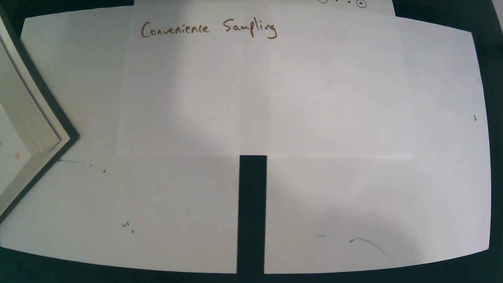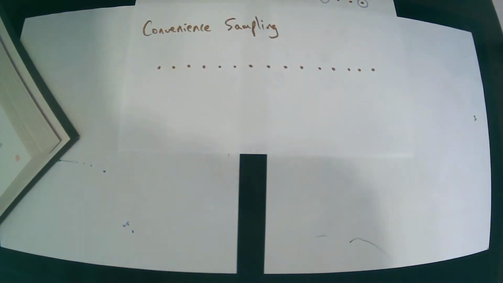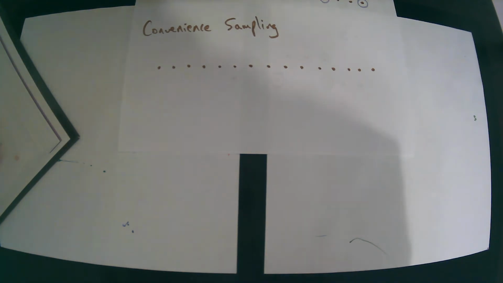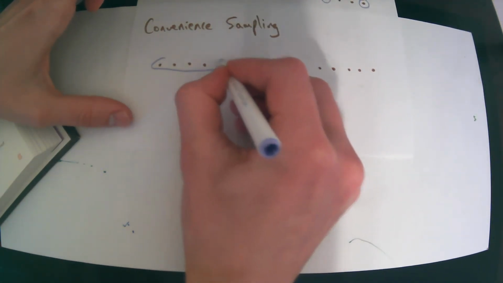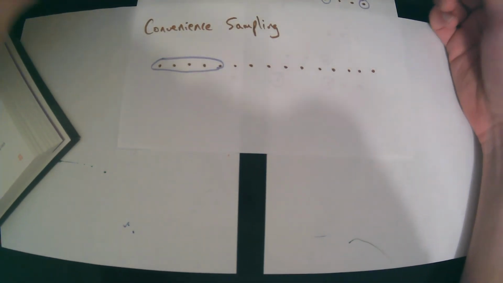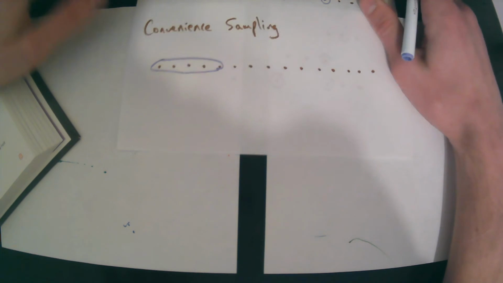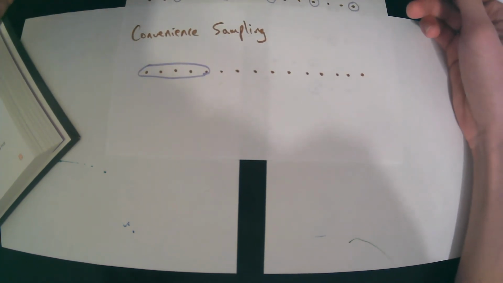I'm going to have a hard time drawing this with my example. Maybe I'll say if I just had 15 dots here and I wanted to select 5, the fastest way would be for me to just select the first 5. It's convenient, right? It's also maybe not the best way to select a representative sample.